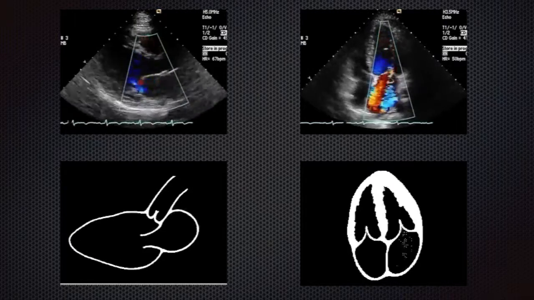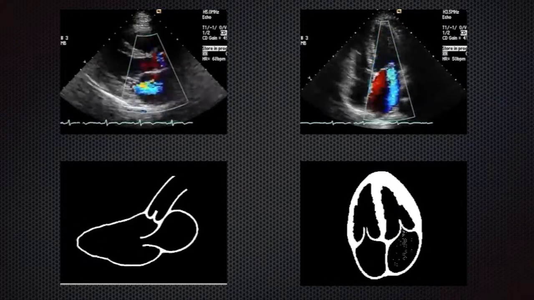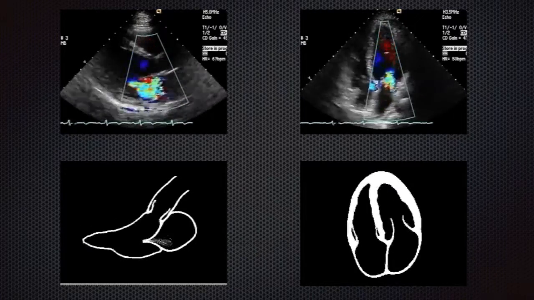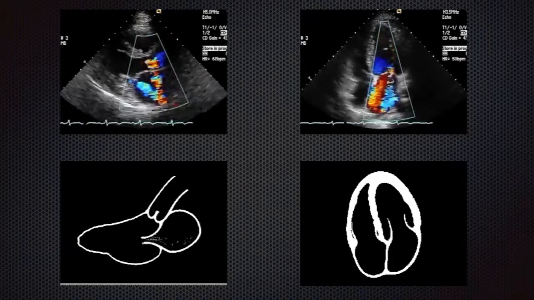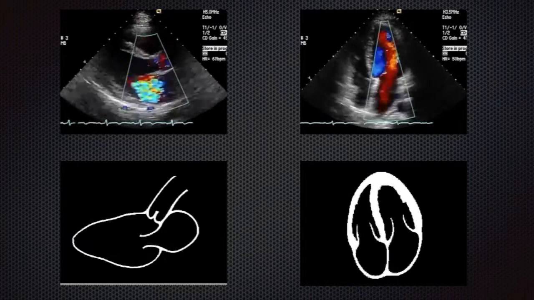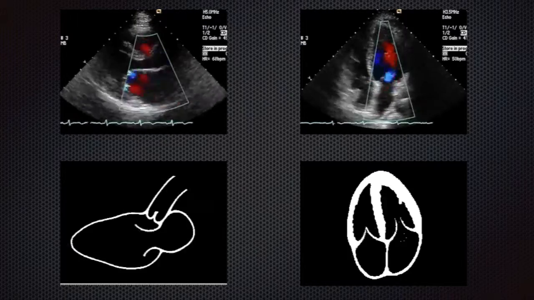Now there is also during systole a blue jet seen in the left ventricle. Now this is blood going down through the aortic valve. You can't actually see the aortic valve in this because it's not a 5-chamber view, but that's what that blue is. But look at the regurgitant jet.